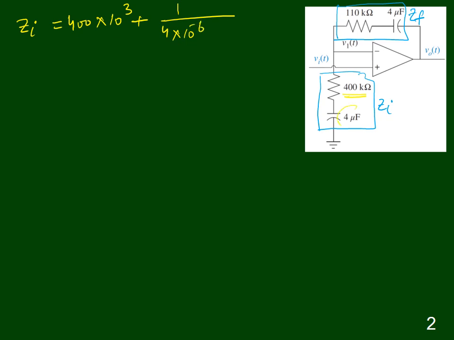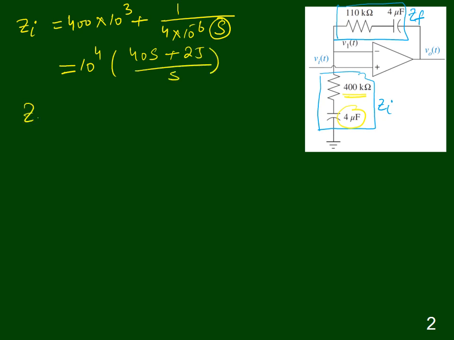This is for the 4 microfarad, and we write over here the Laplace variable s. Then simplifying this equation, it is easy to write 10 to the power 4 into (40s plus 25) upon s.